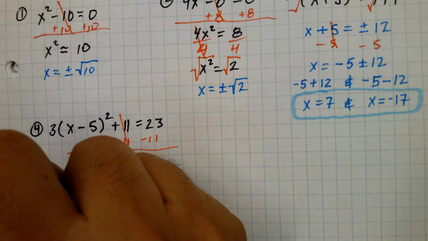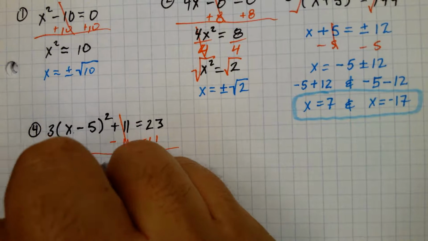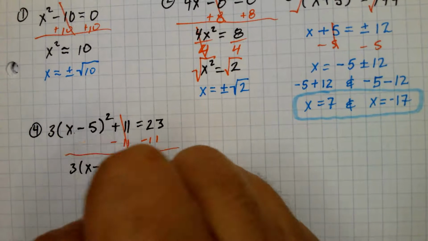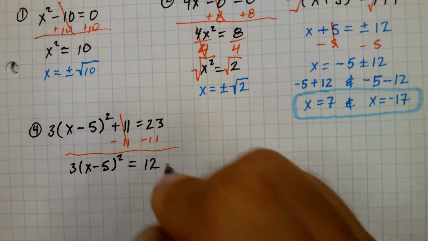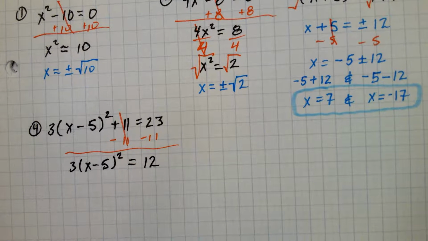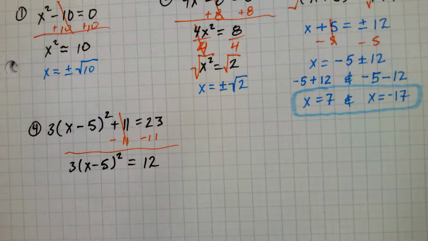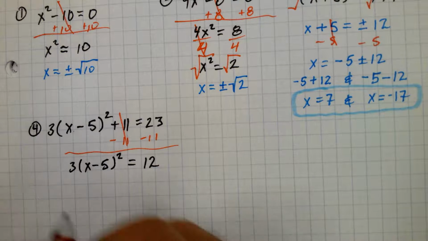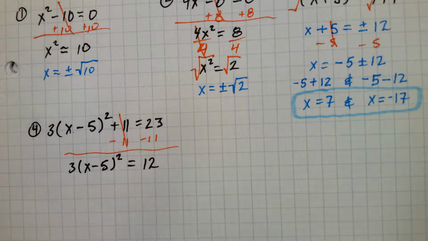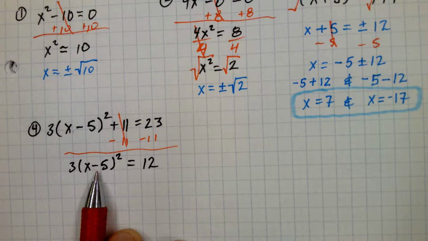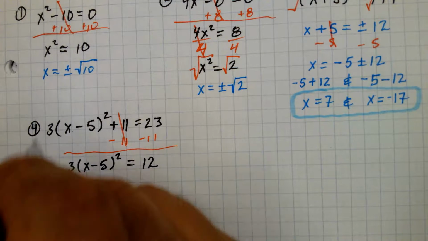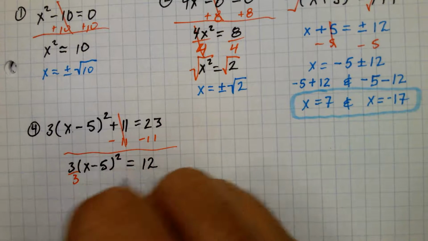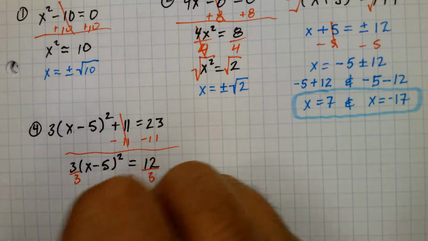So I got 3 parentheses x minus 5 squared, that's the squared binomial, equals 12. Okay, now what? Divide by 3. I know our urge is to distribute, but because it's not just a parentheses, it's squared, we can't distribute, just divide out the coefficient.